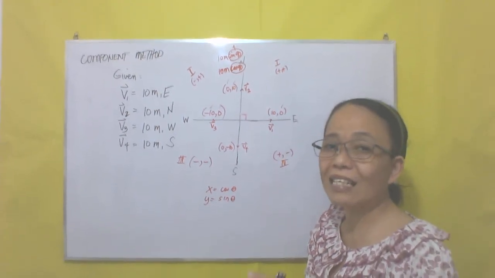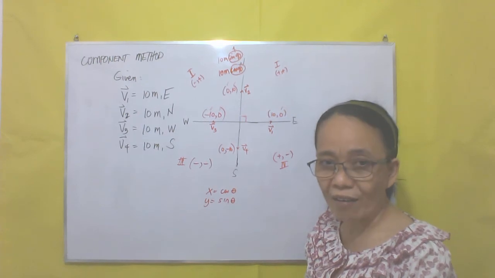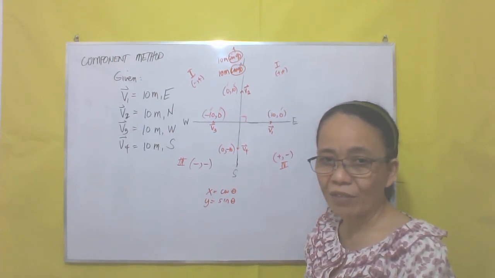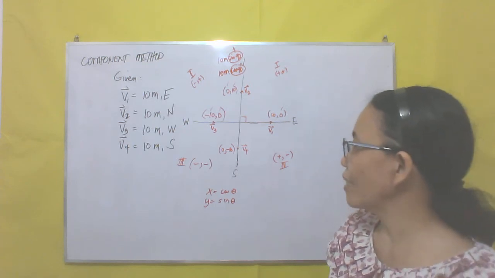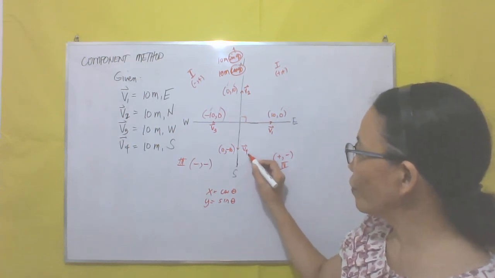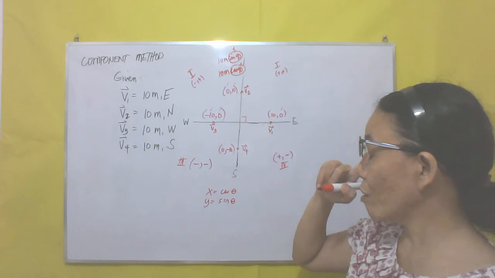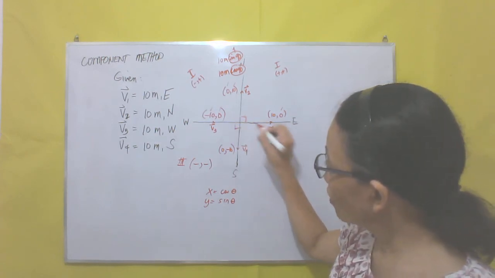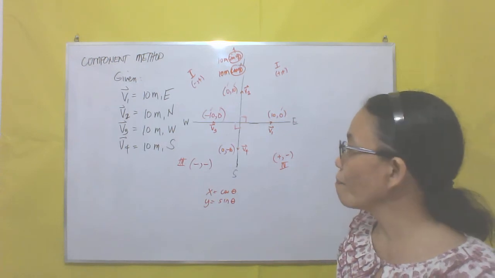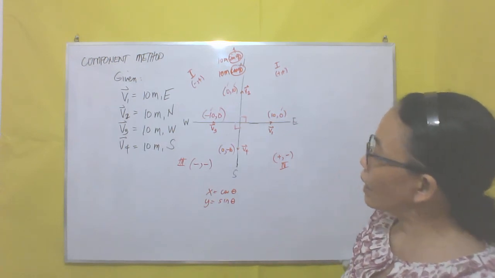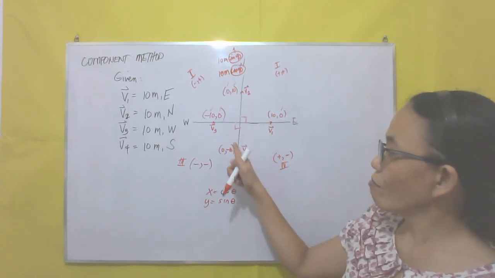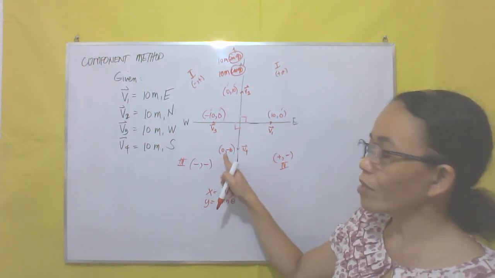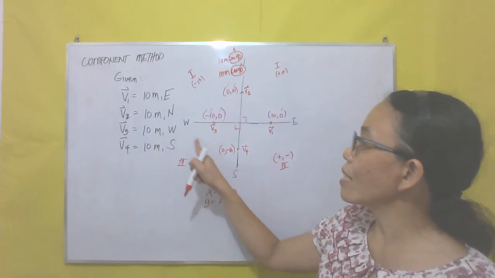So that is just the same as the ordered pair in the Cartesian plane or coordinate axis. Next, how about velocity 4? Again, this measures 90 degrees, perpendicular. So 10 meters times cosine 90 for the x component is 0.